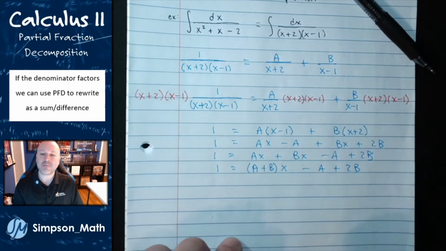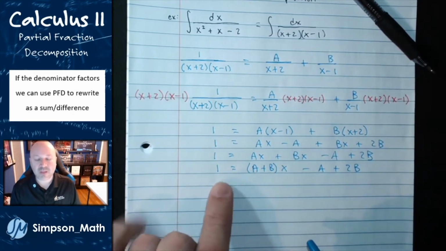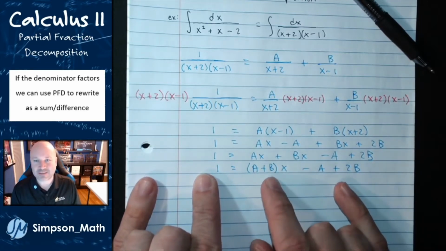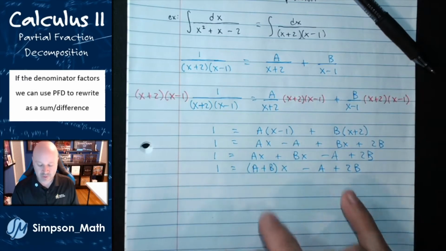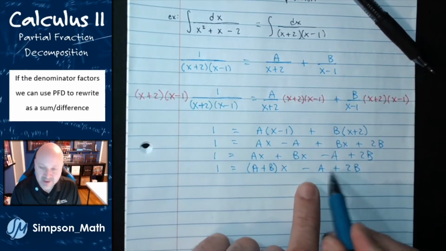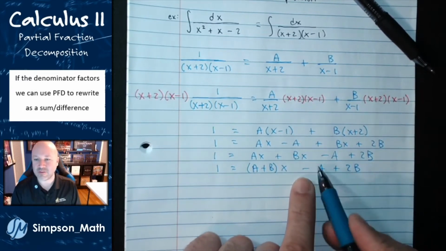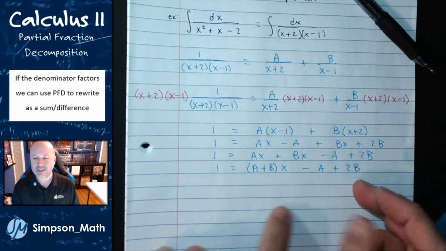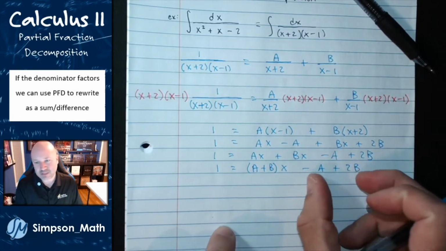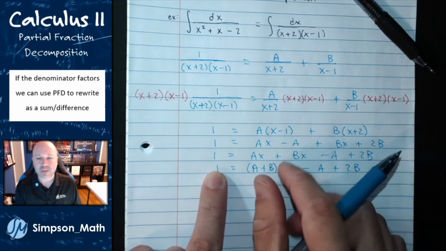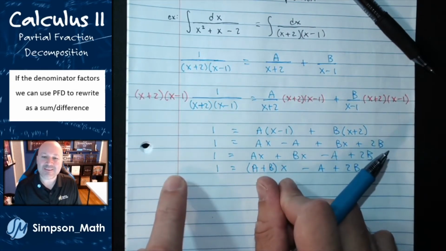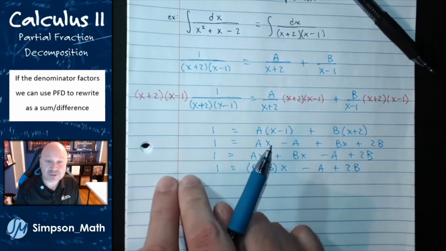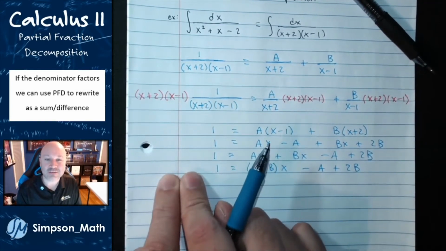Now I've done that because this is an equation. The left-hand side of the equation must equal the right-hand side of the equation. They are equal. So on the right, I've got some constant over here, this negative a plus 2b. These are just numbers being added together. That must equal this constant 1. And then the x term has to equal the x term on the left-hand side of the equation.